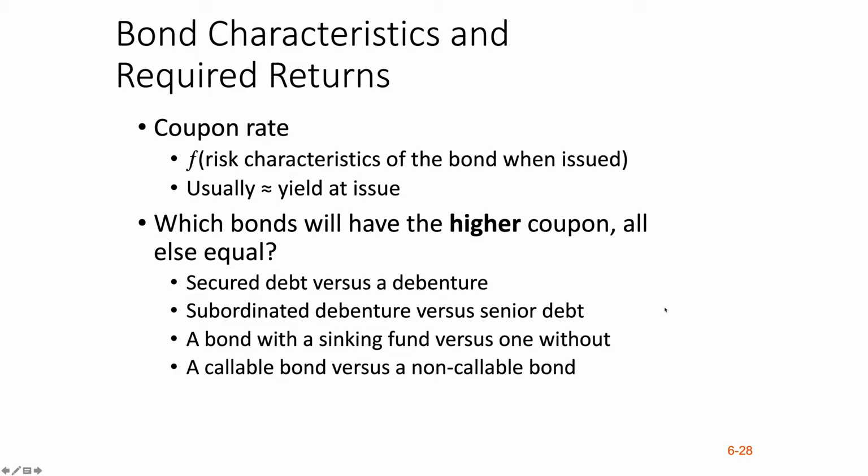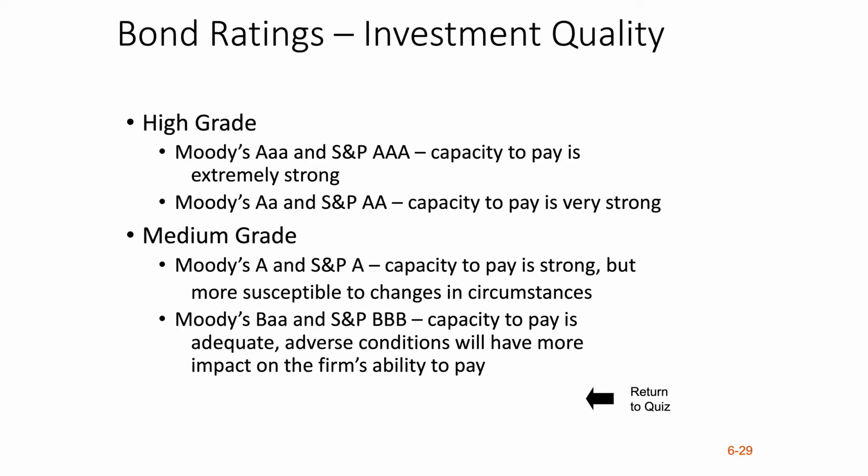Now, bond rating is an important feature in corporate finance. It's done by a third party. The high rating is usually Moody's AAA or S&P AAA. What does AAA mean?